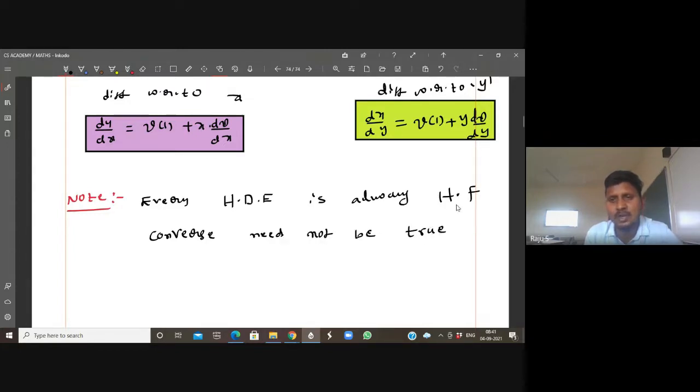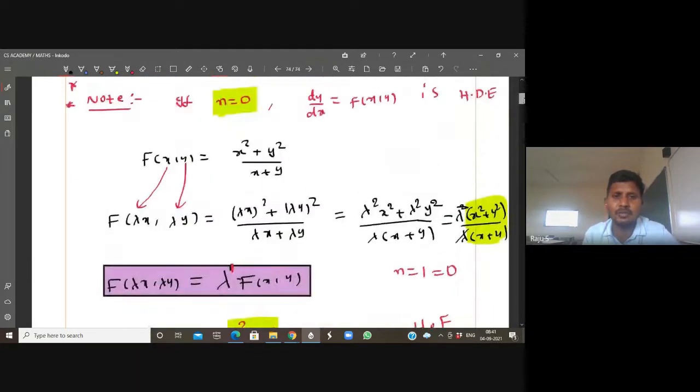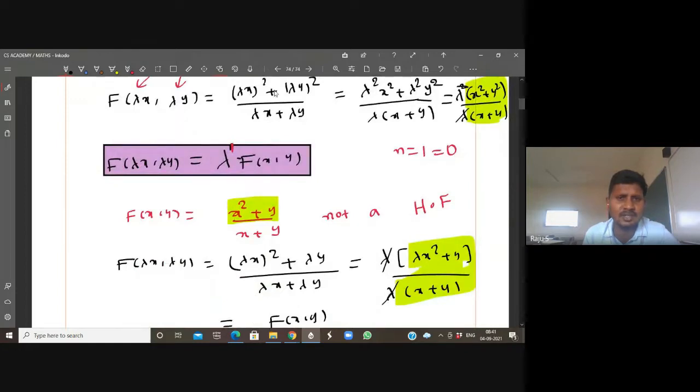Every homogeneous function is not a differential equation. For example, x square plus y square by x plus y is just a function because the degree is 1. When the degree is 0, it is a differential equation; otherwise, just a function. So every differential equation is a function, but every function is not a differential equation.